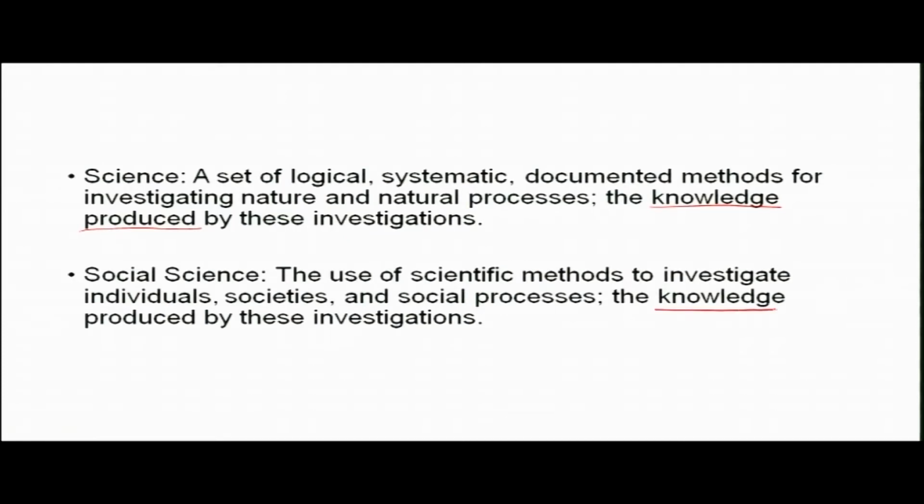So you see again that the context of knowledge production becomes increasingly important, particularly when we talk about societies, when we talk about individuals, when we talk about how many of these social processes that we have studied actually form patterns in society.